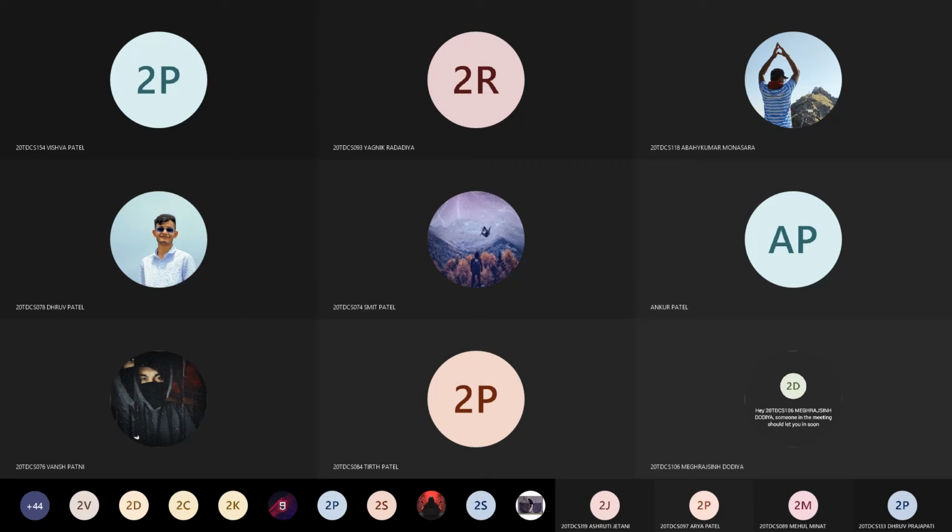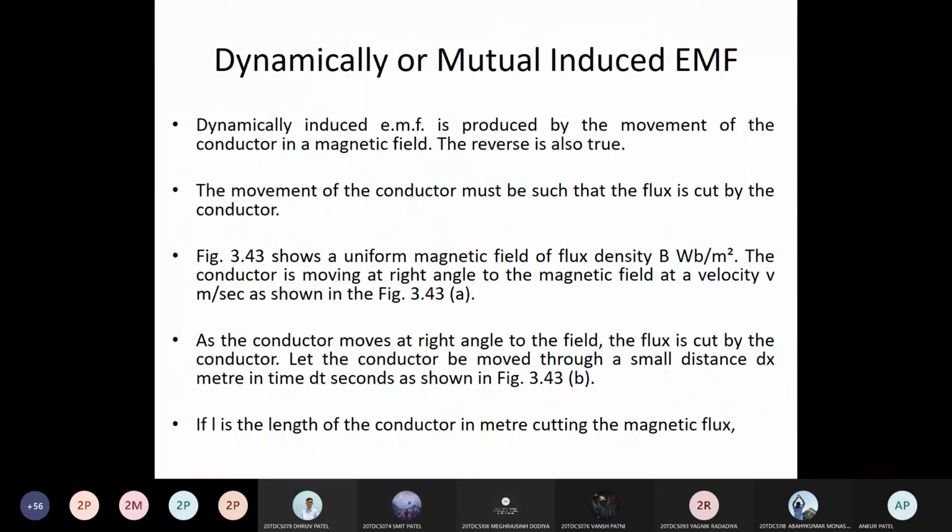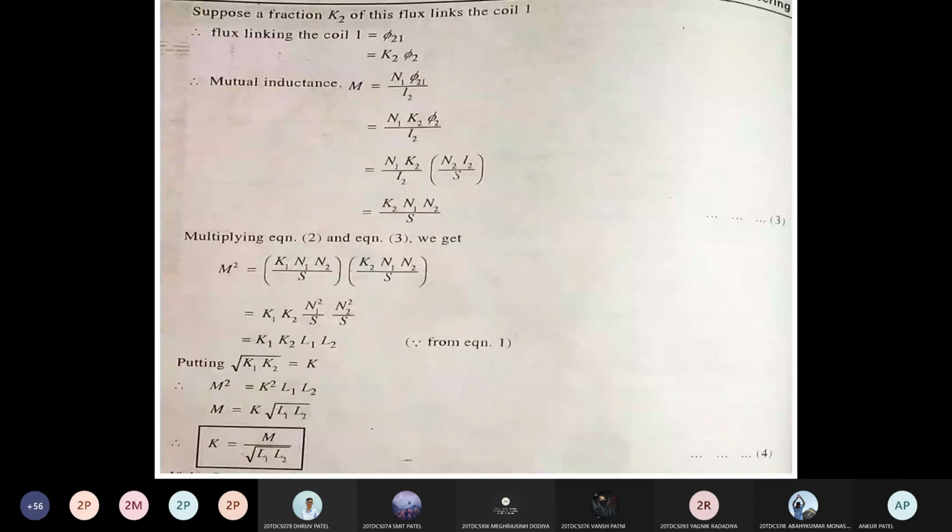Okay, I'm sharing my presentation. So we have M is equal to k under root of L1 into L2. So this k is equal to M divided by under root L1 into L2.